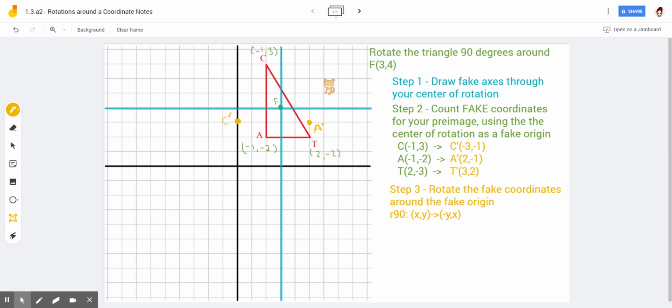That's not right. Something went wrong. Sorry about that. I copied the point down wrong. Point T was at 2, -2, so T prime will be at 2, 2.